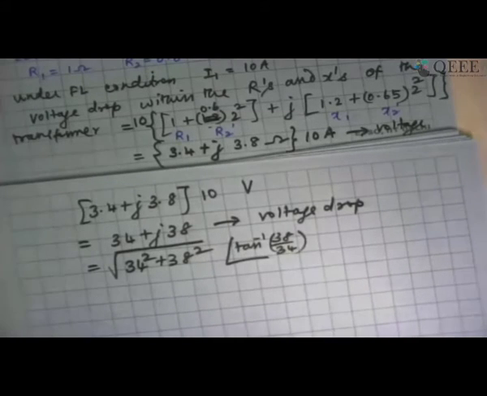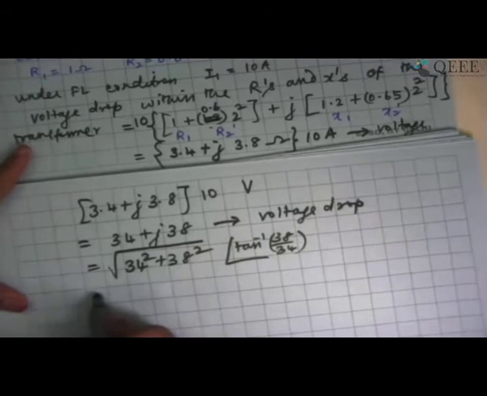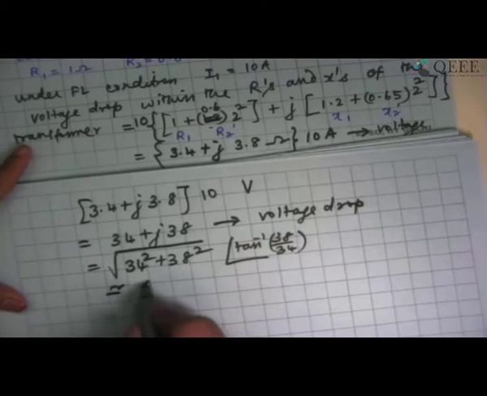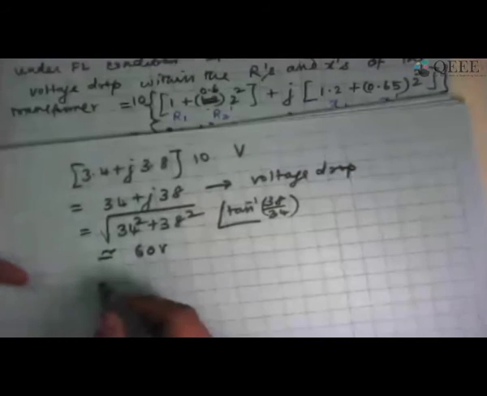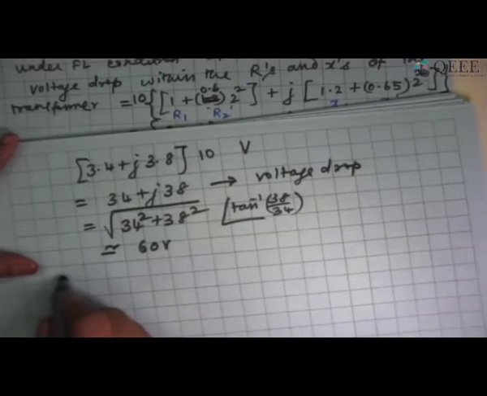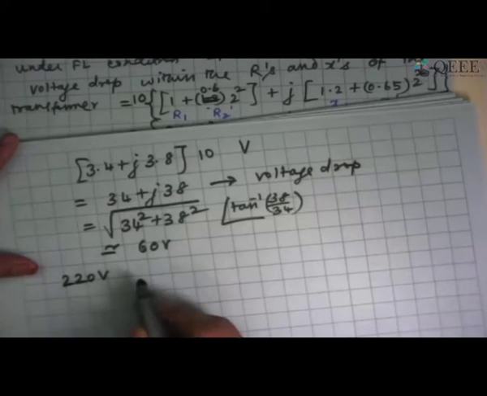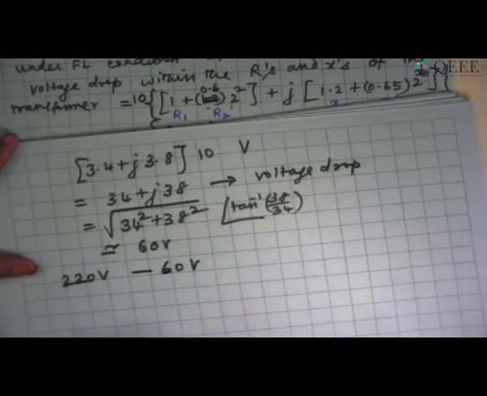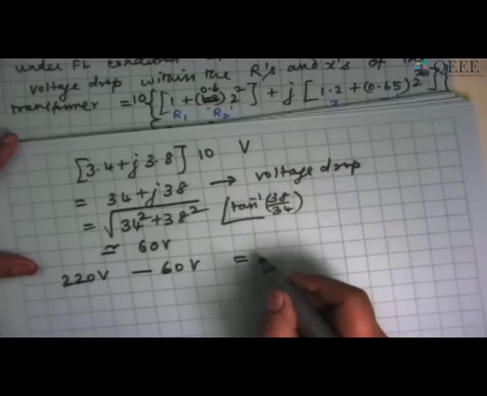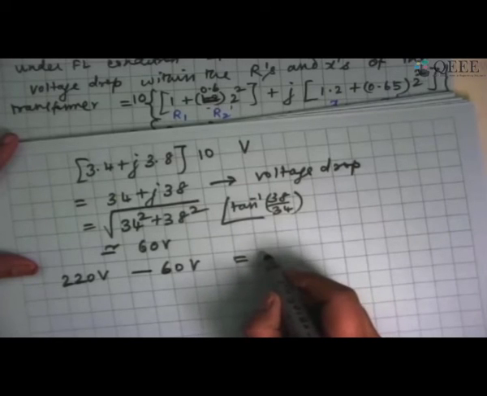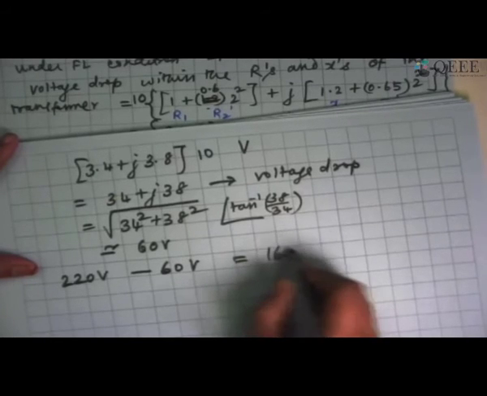That's not a problem. So what I am getting here is going to be approximately some 50 or 60 volts. Definitely, I will have more than that. So out of 220 volts I have applied, the internal drop is going to be something like 60 volts, because of which I am going to get only about 160 volts, nothing more than that.